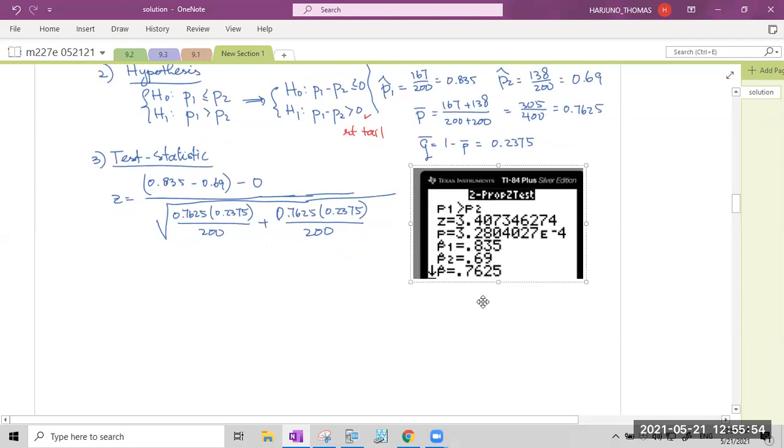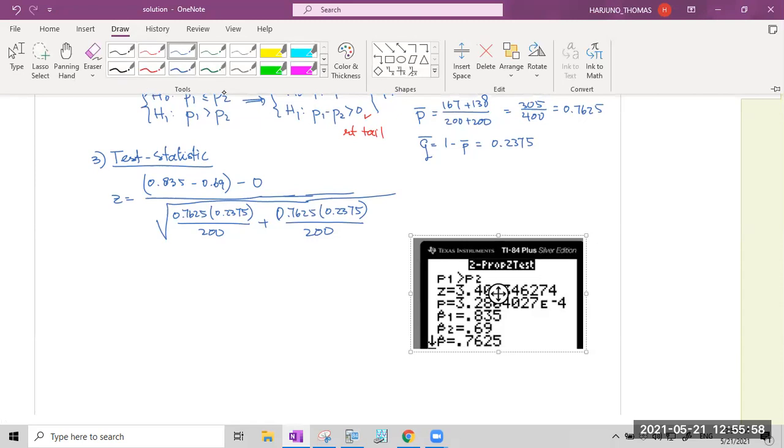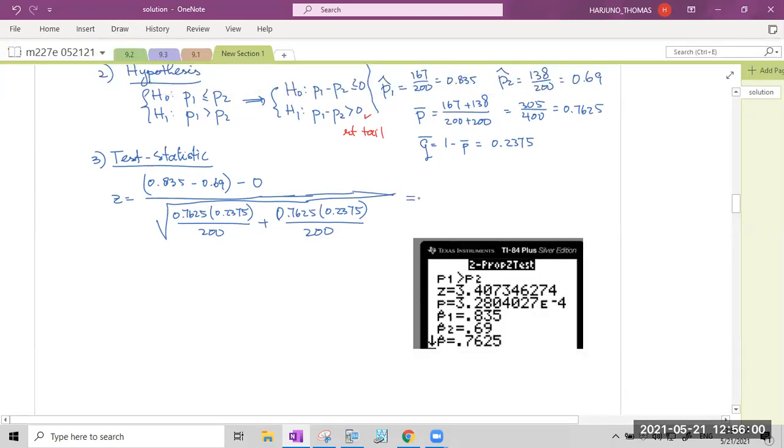Let me move this down here. So the Z score is 3.40735.